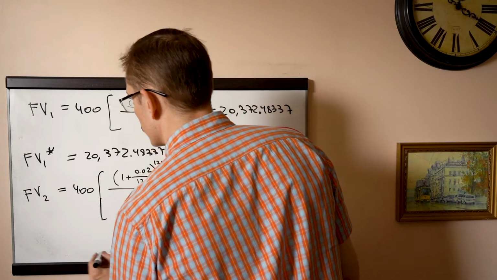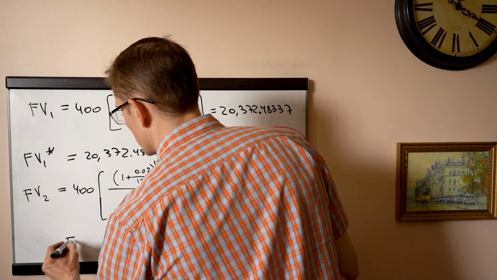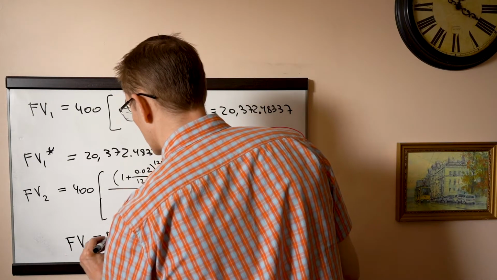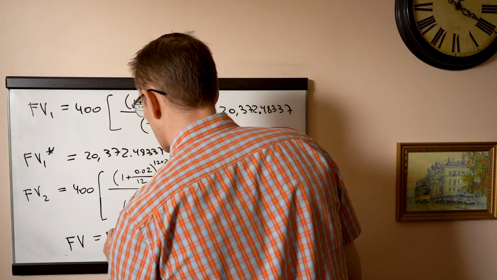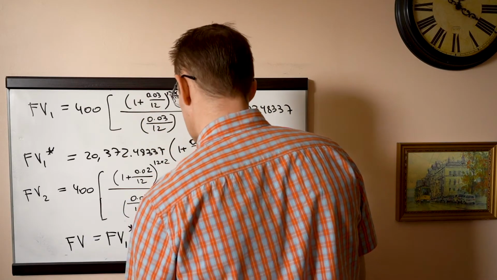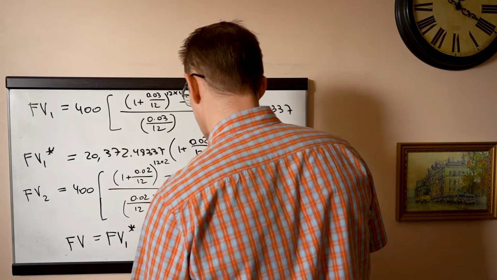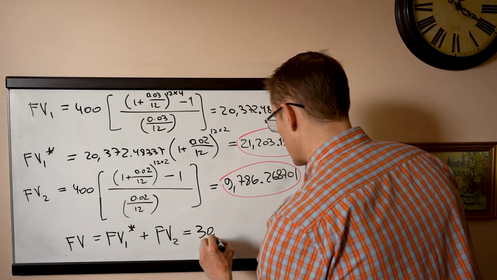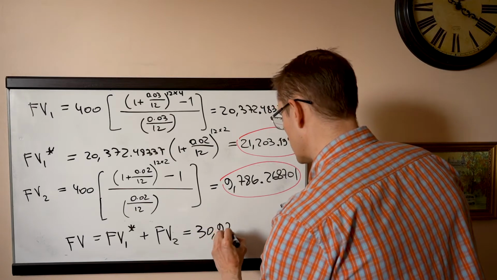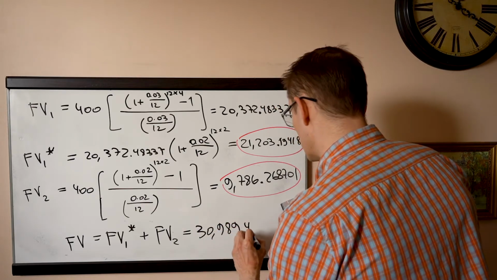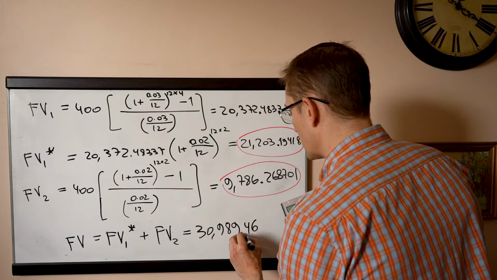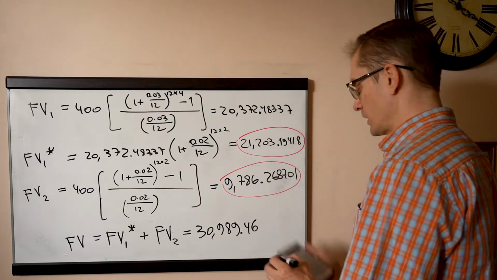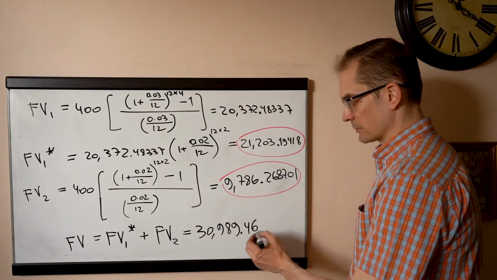So the total, let's call that total future value, will be future value 1 star plus future value 2, right? So which is 30,989.46.